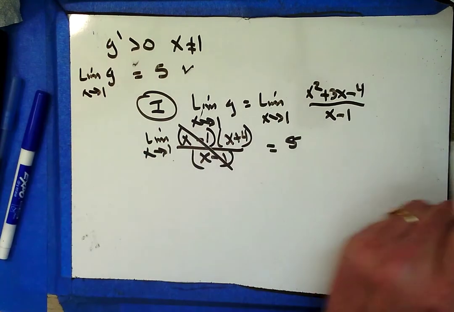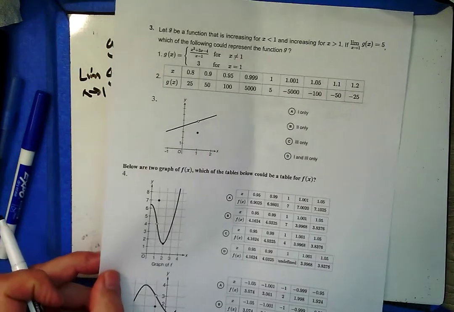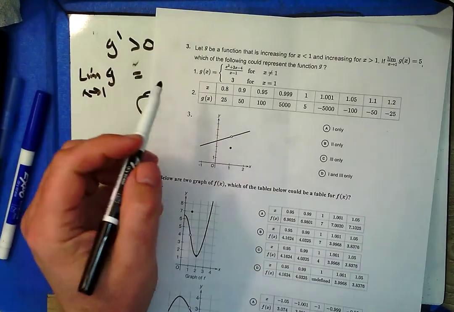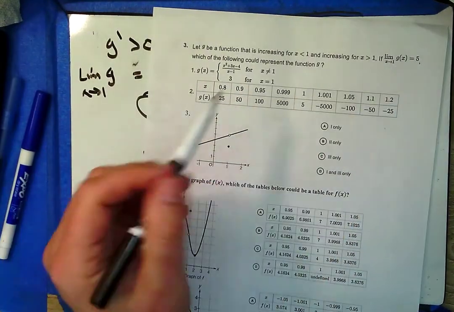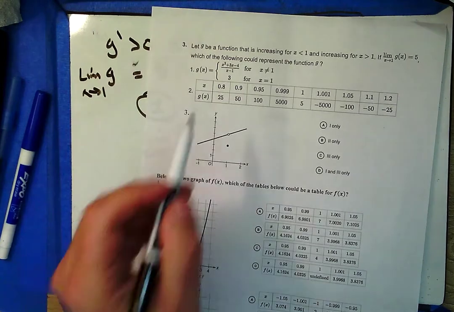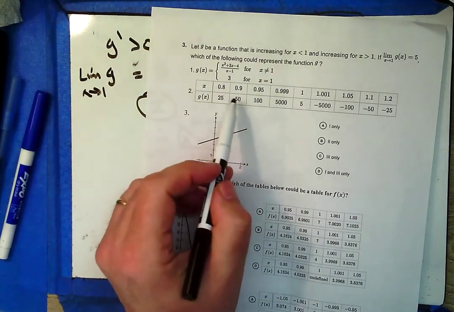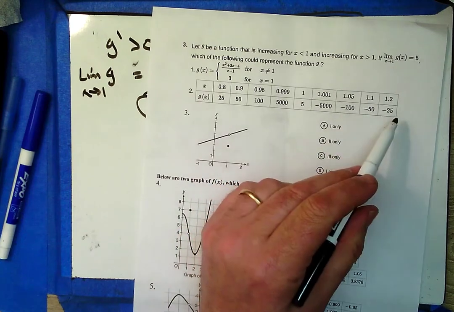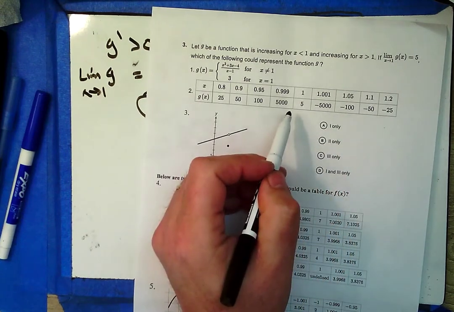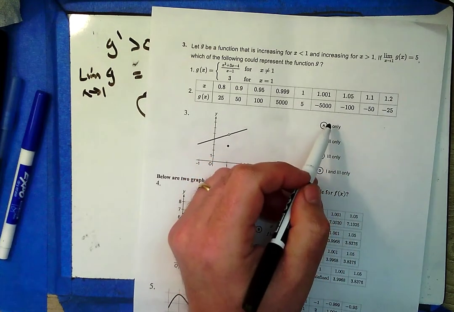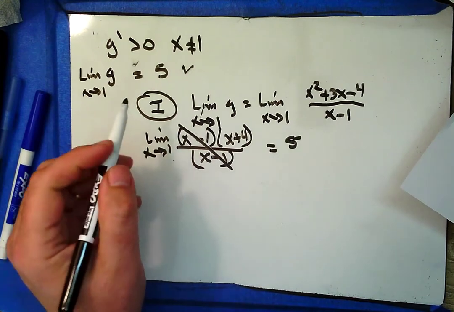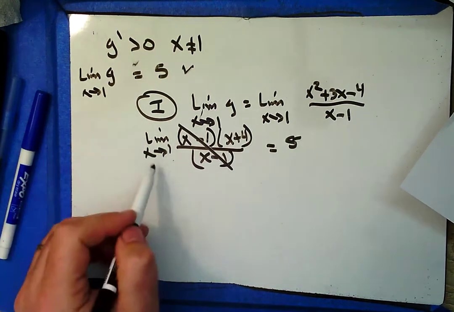What about 2? Well, this function is supposed to be everywhere increasing with the limit equal to 5. So these values get bigger and bigger, and these values get bigger and bigger, but this is way past 5, and this is nowhere near 5, and so 2 does not work, because we need to be approaching 5 on each side.